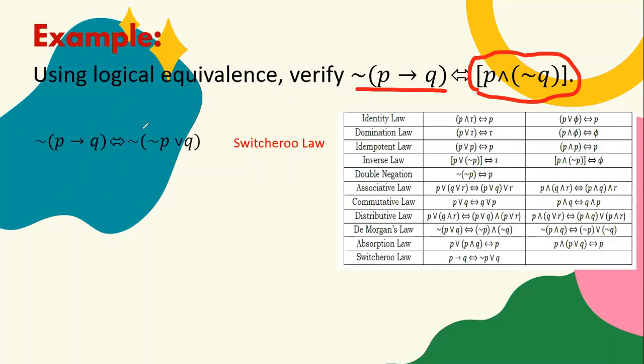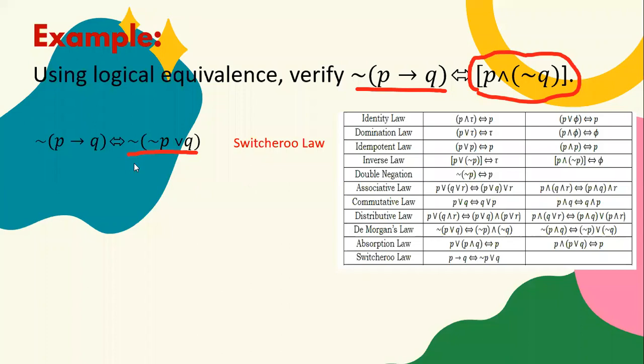And then, ang kasunod na natin, mula dito sa result ng Switcheroo law, saan siyang law pwedeng pumasok? Saan napapasok yung merong P or Q lang? So kung titingnan natin sa table natin, De Morgan's law po. Papasok siya sa De Morgan's law. Ito siya oh, yung P or Q. Okay?